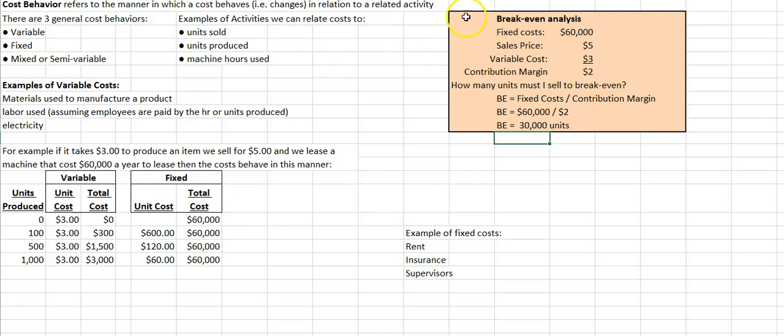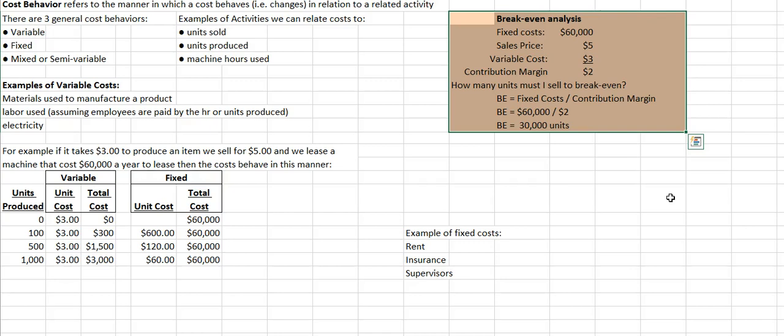Okay, this is a very simple analysis just to emphasize why it's important to understand the cost behavior of your different costs, right? Without understanding it, it's impossible to do such a simple analysis like a break-even analysis.